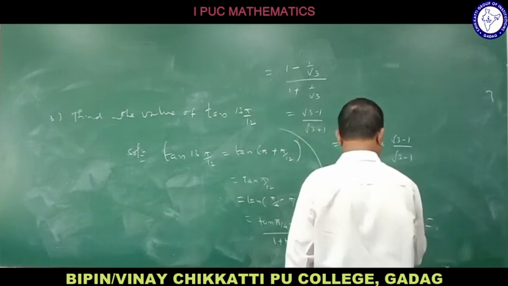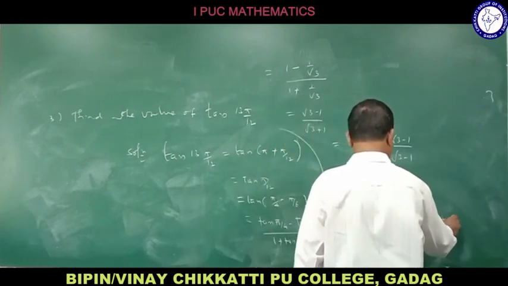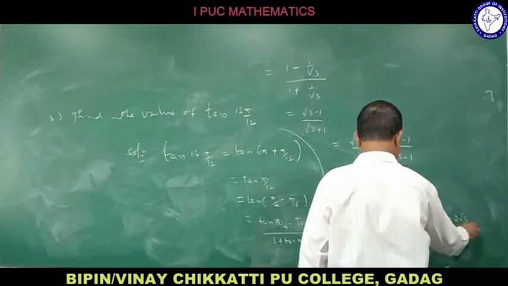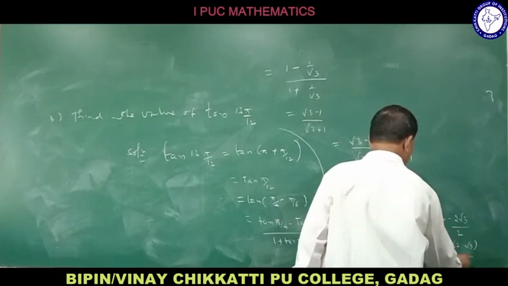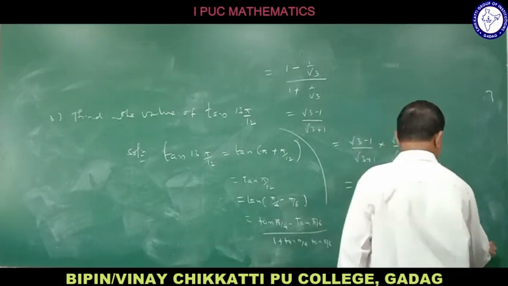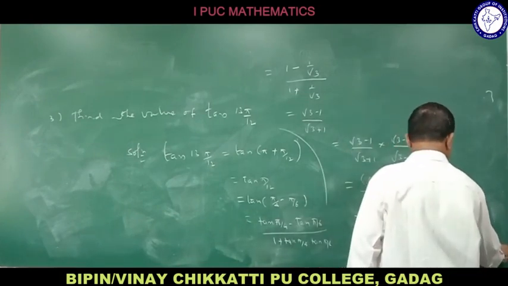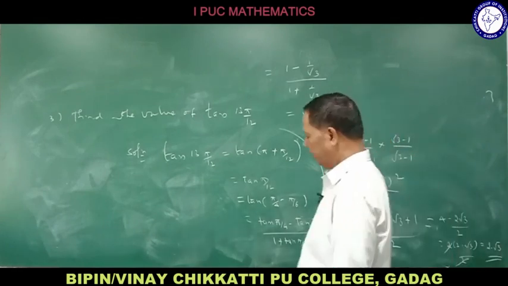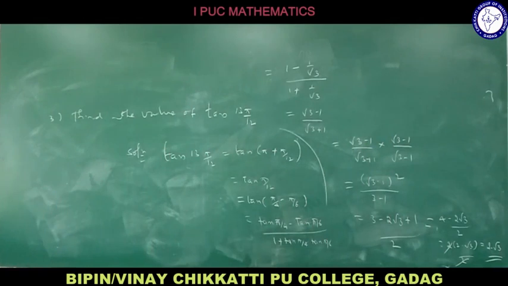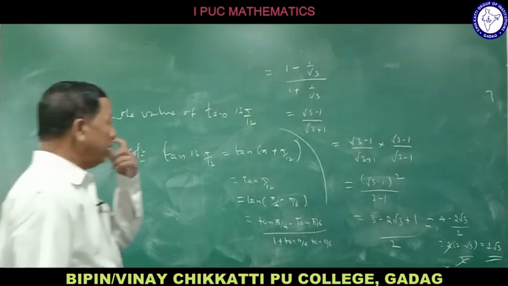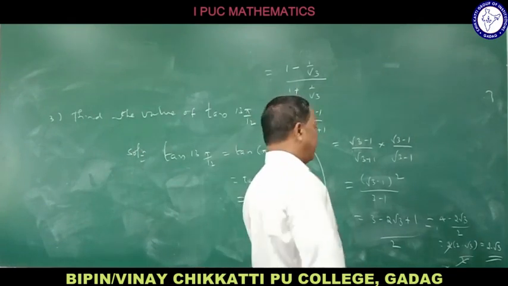See, 3 plus 1 is how much? 4 minus 2 root 3 divided by 2. What is common? 2. Taking 2 common, 2 minus root 3 divided by 2, the 2 cancels. What is the result you have got? 2 minus root 3. The maximum simplification that you have got is 2 minus root 3. This is the way we simplify the results.